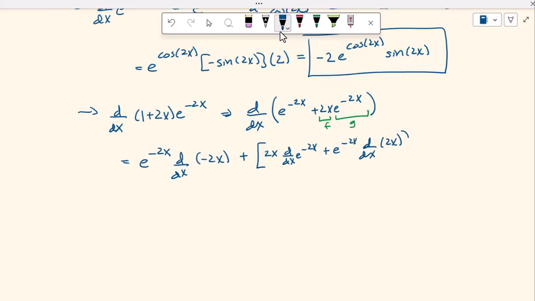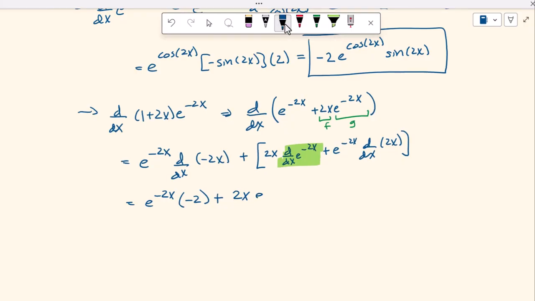So there's a couple ways you can think about that. Some people think fg prime plus f prime g. There's a lot of different ways to say it. So let's go ahead and keep working through it. The derivative of negative 2x is negative 2. The derivative right here is the derivative of e to the u again, which we just found.